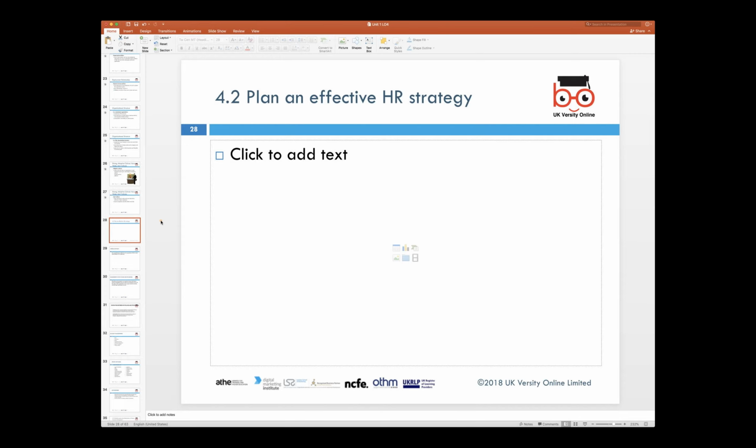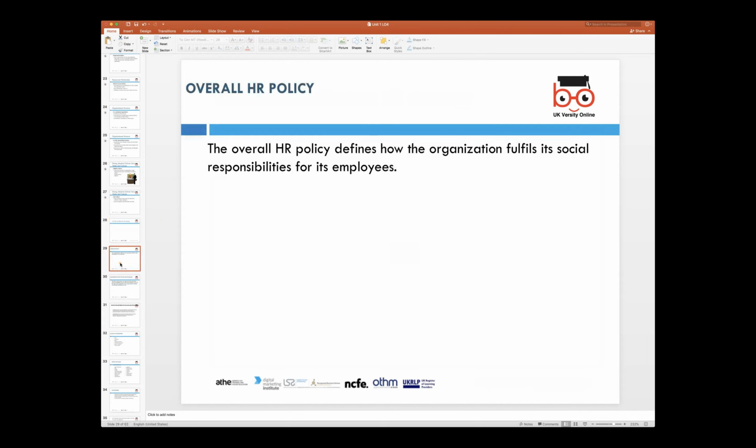But within that, you have HR, sales, marketing, accounting, administration, operations, everything going into it to ensure that it actually works. So what we want to do now is understand how you put a strategy in place, how you create that plan, why it is important, and how it is created.